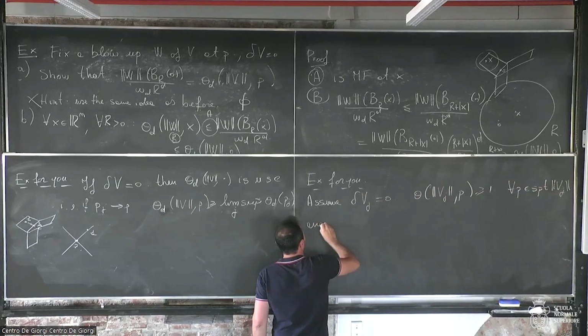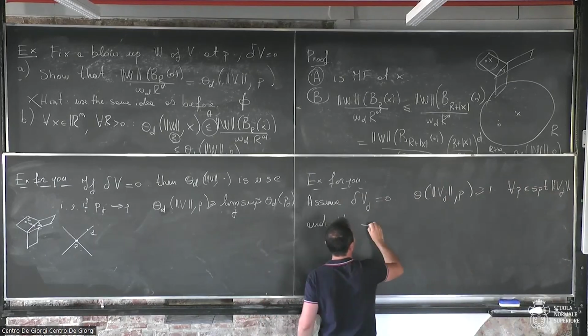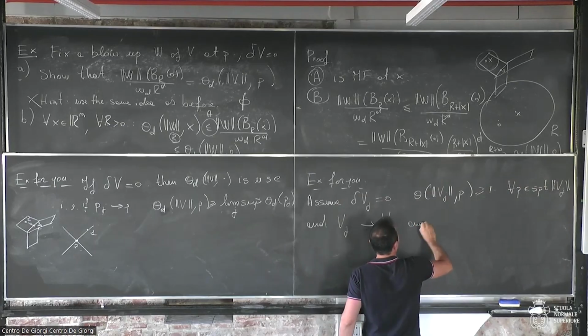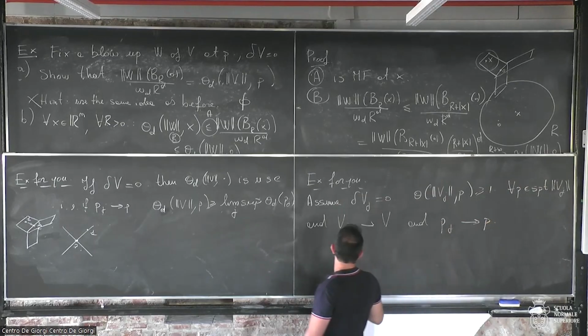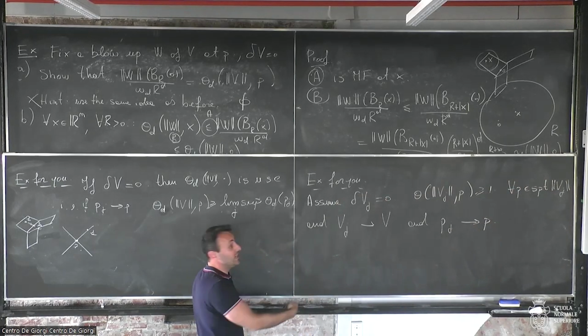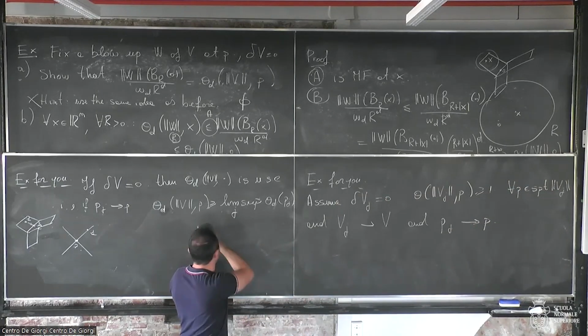And assume that Vj is converging to V and Pj is converging to P. Then you can deduce that for the limiting varifold, the same property is true.